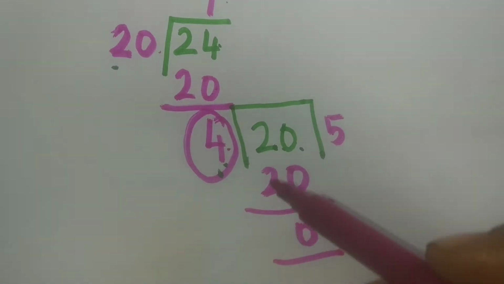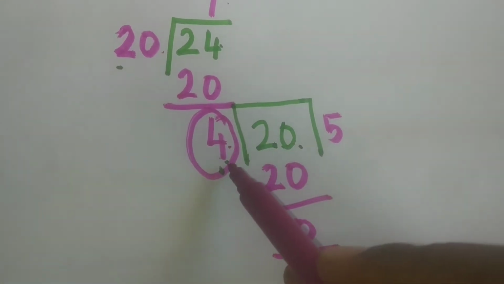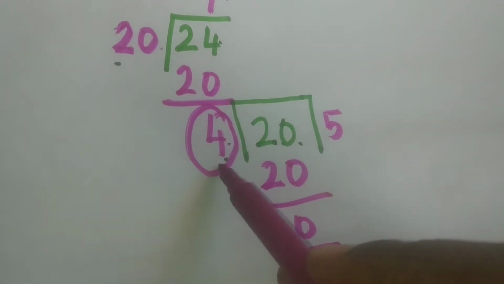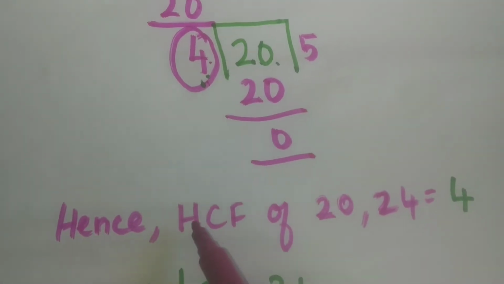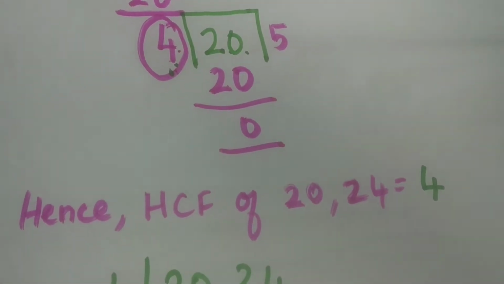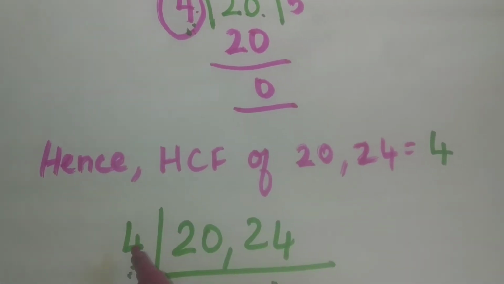That means it is satisfied for 4. So the last divisor is 4. So this is the highest common factor for 20 and 24. So let us check whether it is correct or wrong. Divide this 20 and 24 by 4.